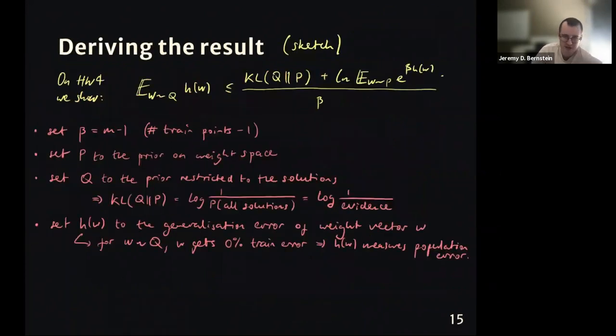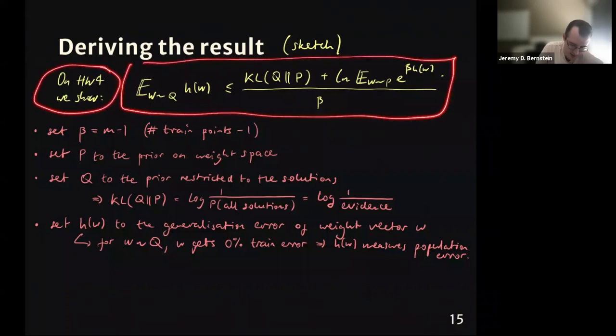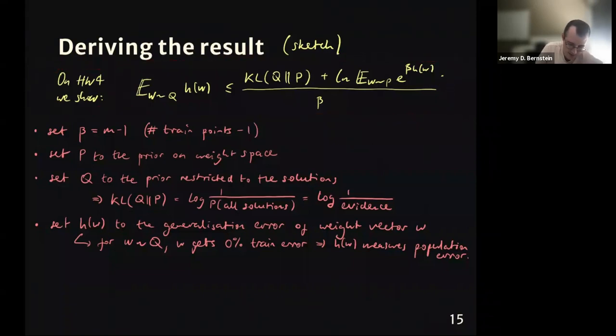So, the derivation of the result. On homework 4, I've asked you to prove this statement, which says that basically you think of Q as being a distribution with smaller support, and P as being a distribution with larger support. So think of P as being the prior measure over the entire weight space, and Q as being the prior measure but restricted just to the solutions.